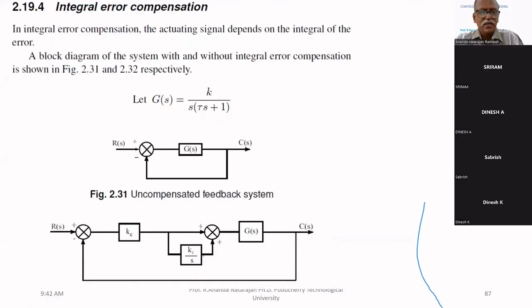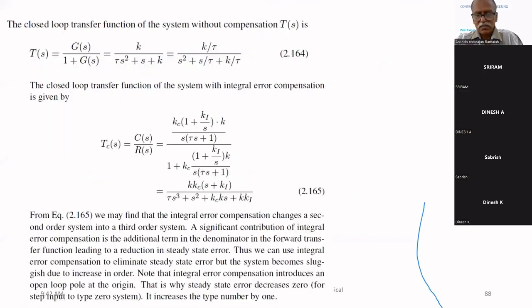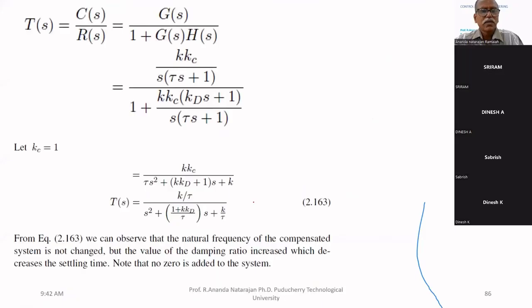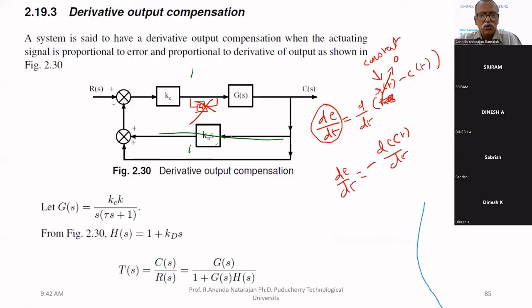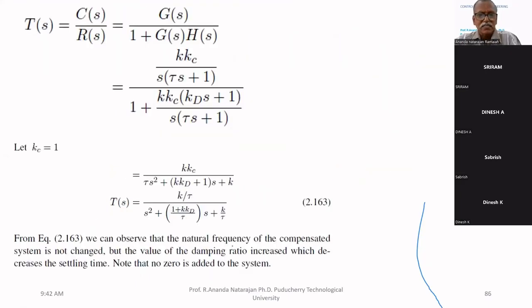You can find the closed loop transfer function for this. What is the feedback path? Feedback path is 1 plus KDS. Am I correct or not? These two are parallel. So if you simplify this, finally you will get the same as what we got in the forward path.